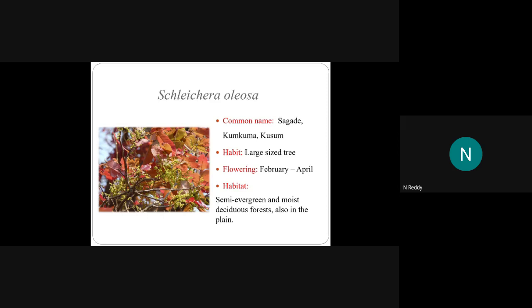And this is another species. It is commonly called kumkum. It's a forest species grown wild, in semi-evergreen, moist deciduous forest, also in the plains. It flowers during February, March, and April in the summer.